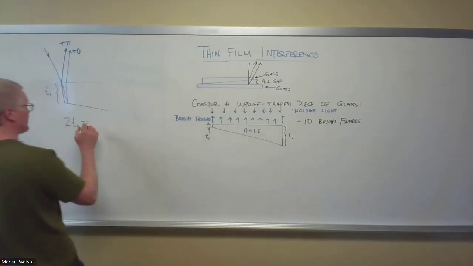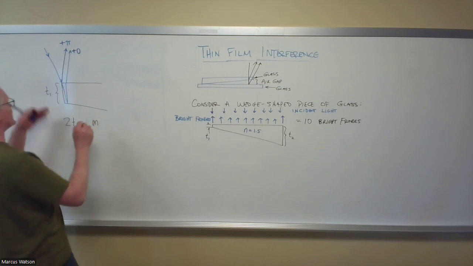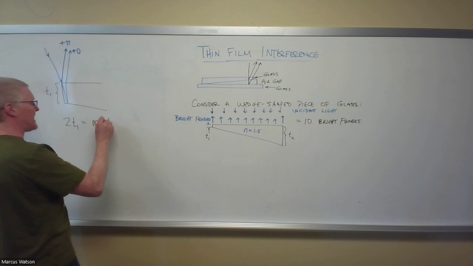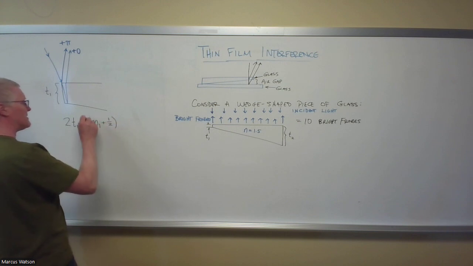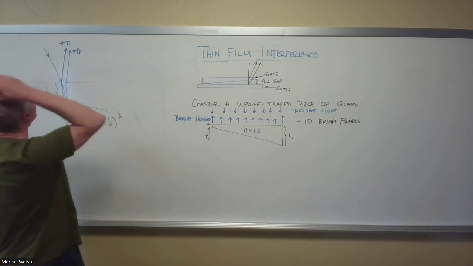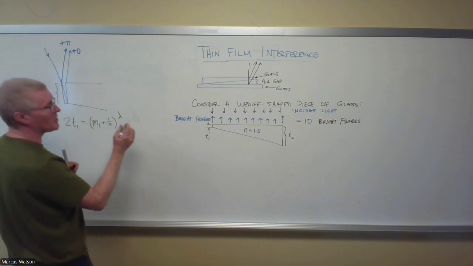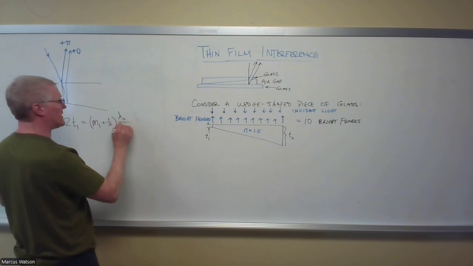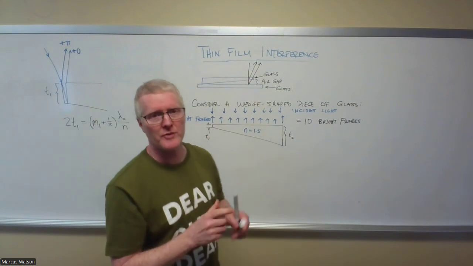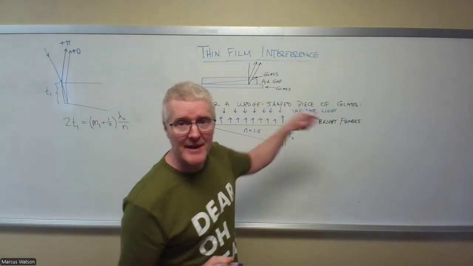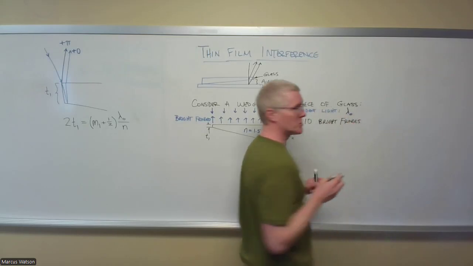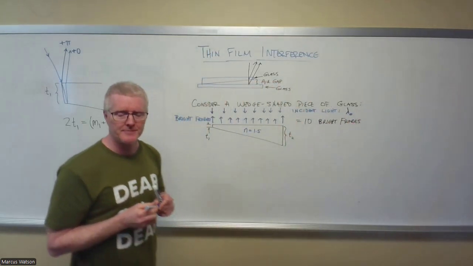So this has to be, since this is T1, I'll call this M1 plus a half, times lambda naught divided by n. All right, so that incident light, maybe I'll go ahead and rename that. That incident light has some incident wavelength to it, which we can call lambda naught.